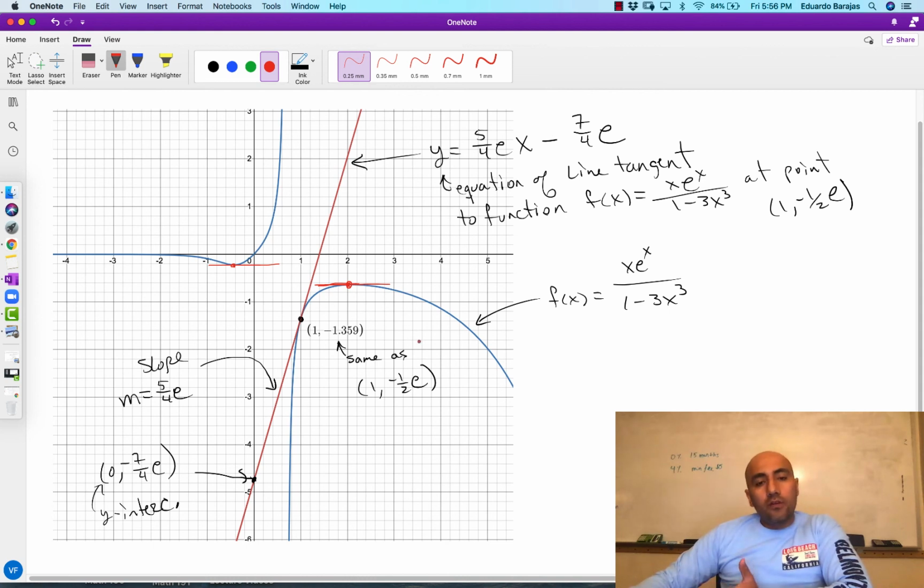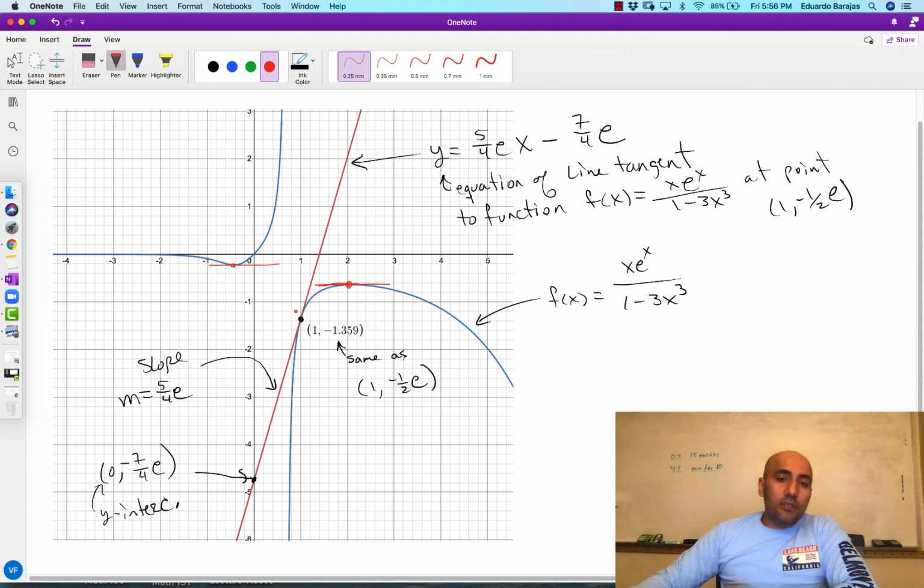And also, keep in mind they might ask you something like, determine the segment of the domain where the derivative is always, I don't know, positive. When will the derivative always be positive?